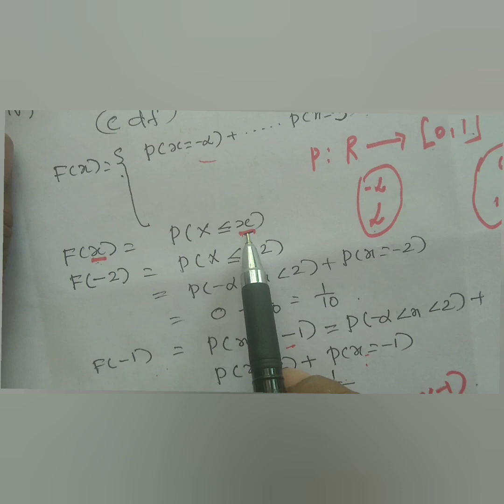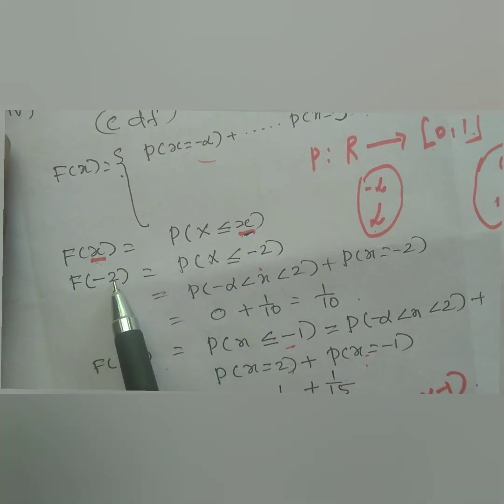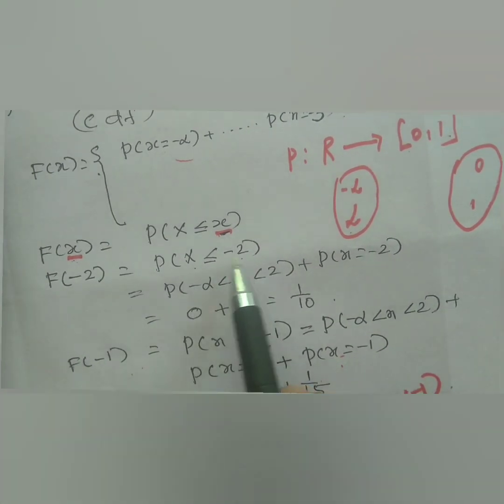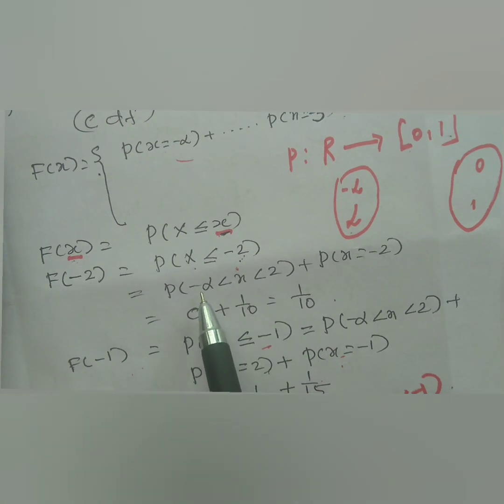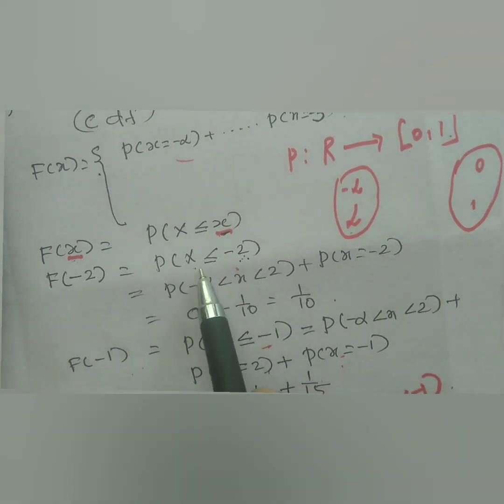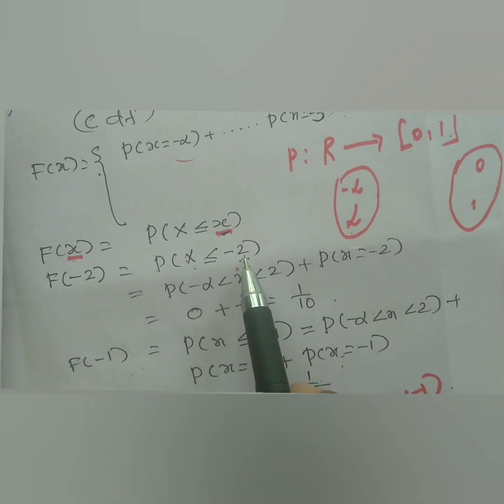Now what is the first value of the given x? x is equal to minus 2. So F of minus 2 is equal to probability of capital X less than or equal to minus 2. You take the same term, that is minus 2. What is x less than or equal to minus 2? That is x takes the values from minus infinity to minus 2.